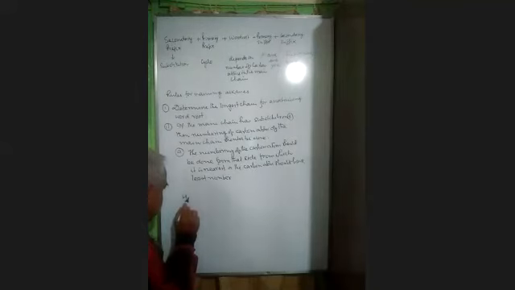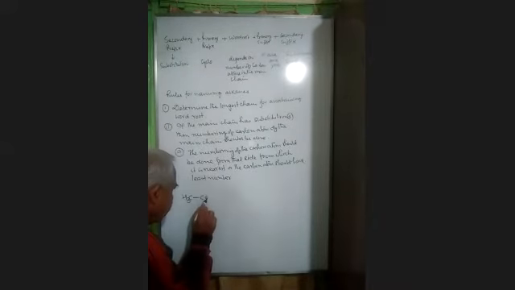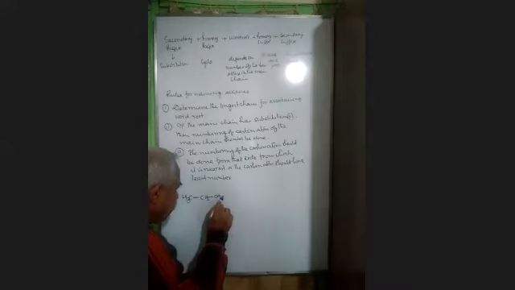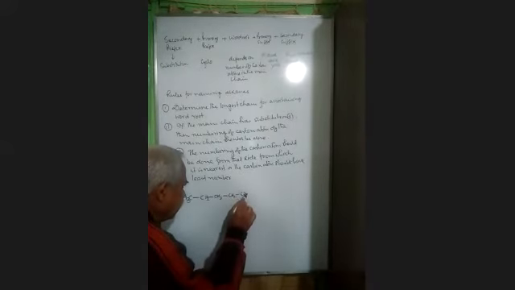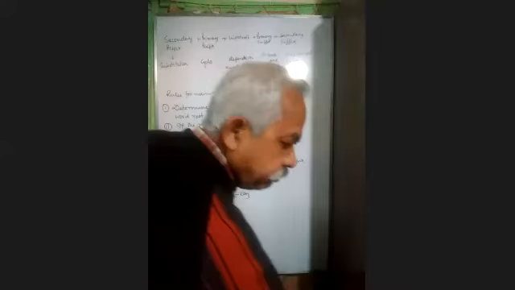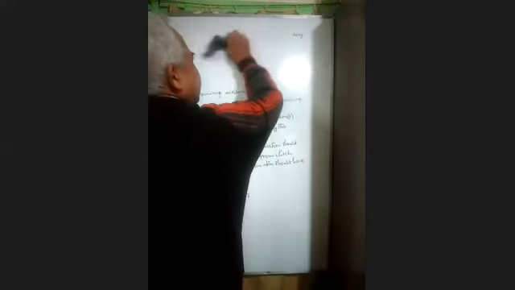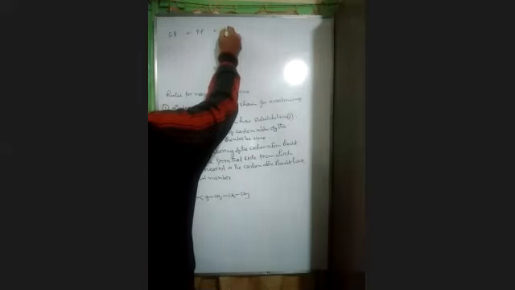Say, we have taken this. See, here the main chain does not have any substitution. All right. So what will be the name? So I'm going to write the name here. My request is that you always write this before writing the name.